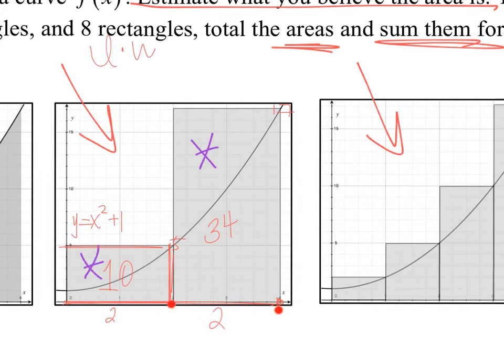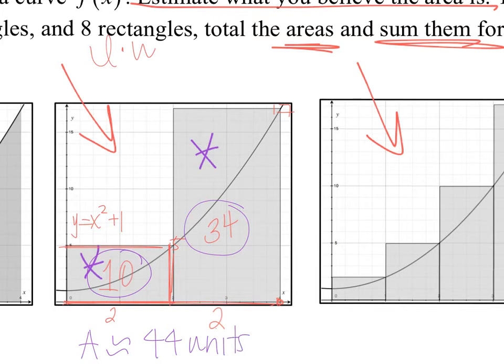Because we're only going from here to here to build this rectangle, and that is 2 units wide. When we do go 2 units wide, x is 4, going up to 17. Why 17? Because 4 squared plus 1 is y. And then our estimate is this area plus this area, so our area estimate is, in this case, 44 units.